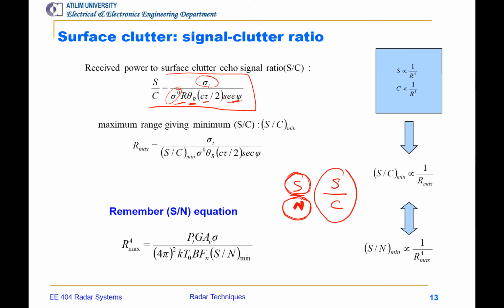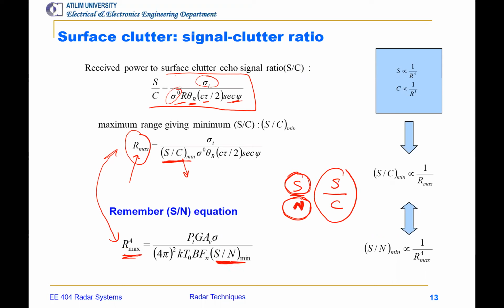Okay, and from here we can write maximum range in terms of S over C, signal power to clutter power ratio. When we minimize S over C, we maximize the range. Note that the same range equation was written previously for signal to noise ratio.